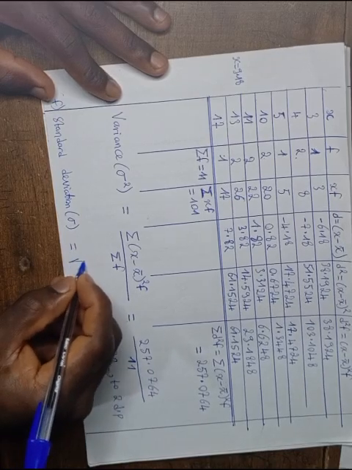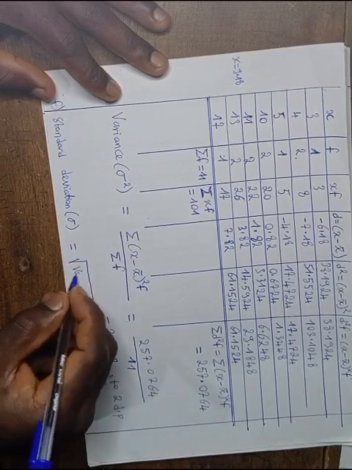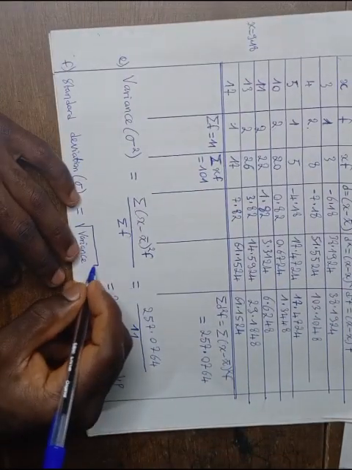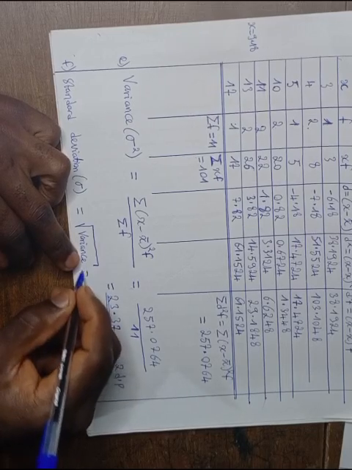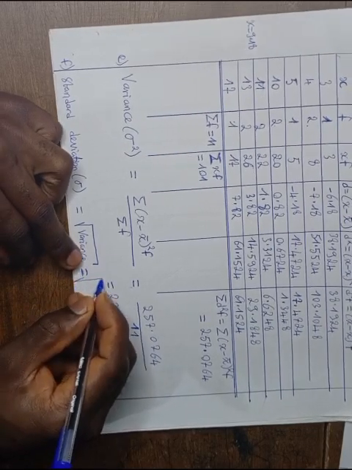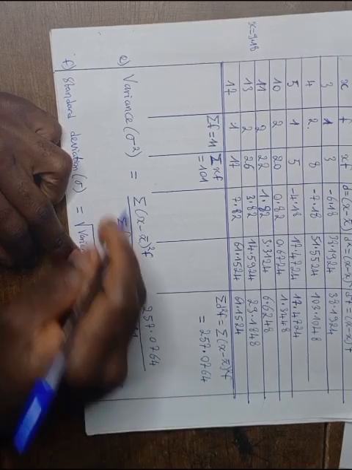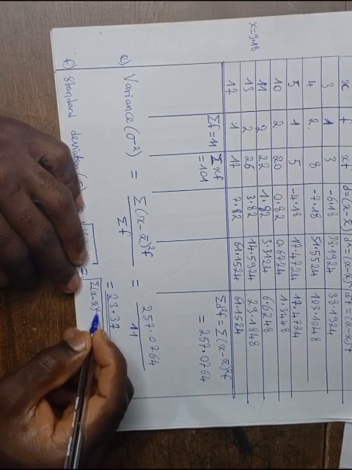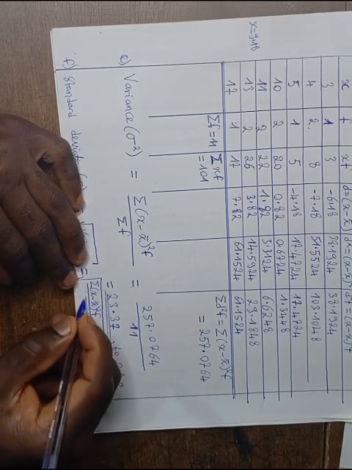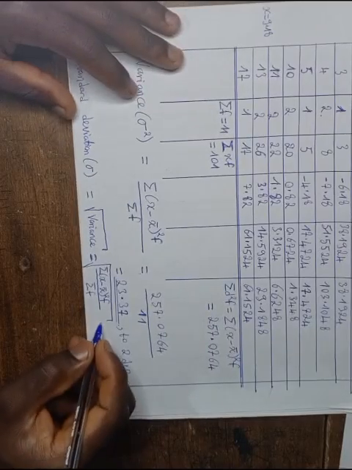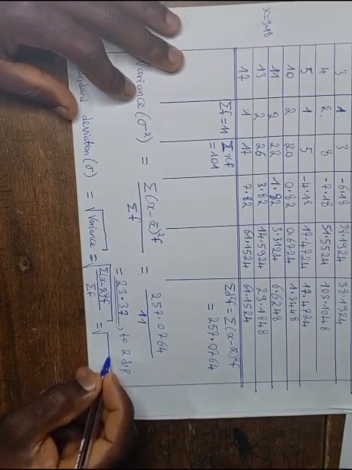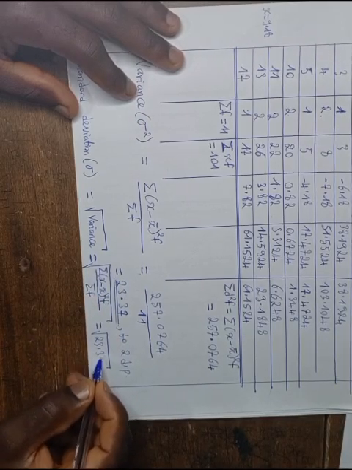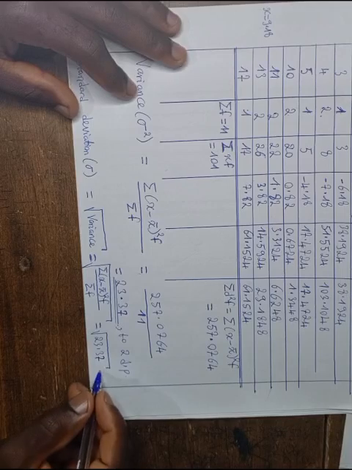It is simply equal to the square root of the variance, which is the same as the square root of this fraction, summation x minus x bar squared f all over summation f. So this will simply be equal to the square root of, remember, our variance to 2 decimal places is 23.37.